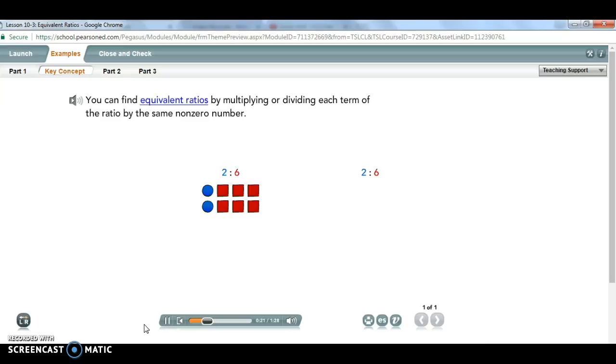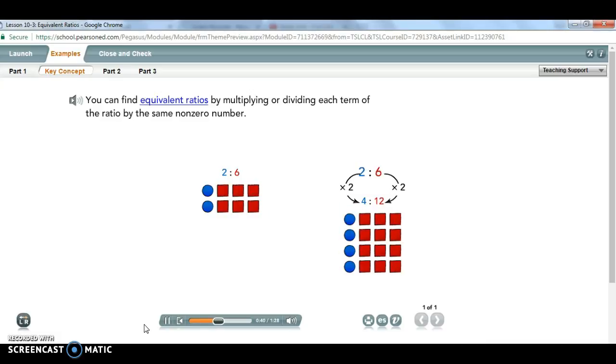You can multiply each term by 2. First, multiply 2 times 2. Then, multiply 6 times 2. The ratio 2 to 6 and the ratio 4 to 12 are equivalent ratios.